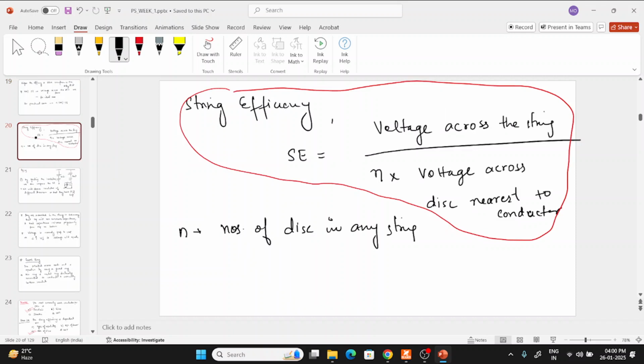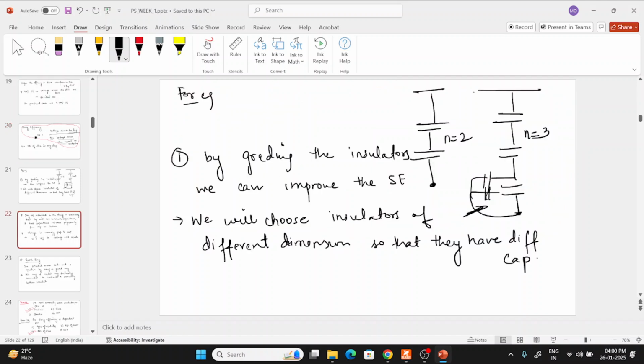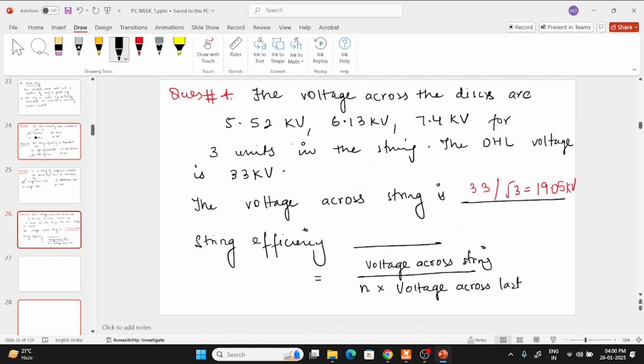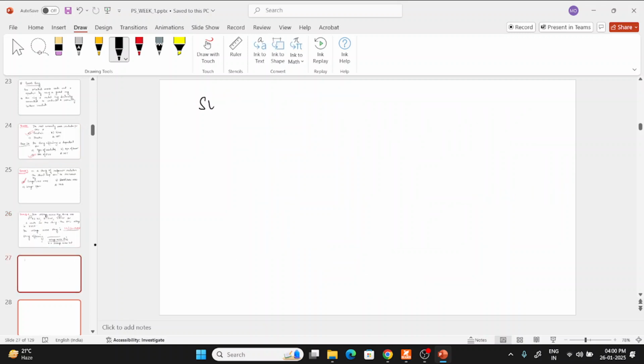Voltage across the string divided by N times the voltage across the disc nearest to the conductor. So it is given in such a way that this is the first, this is the second, and the one nearest to the conductor is the third, which is 7.4. So basically, string efficiency will be 19.05.